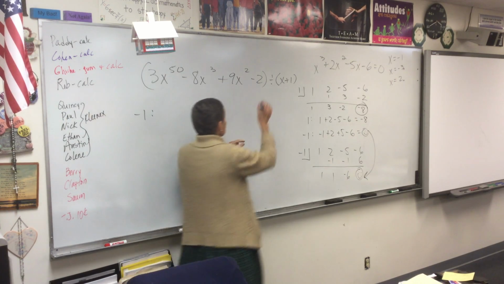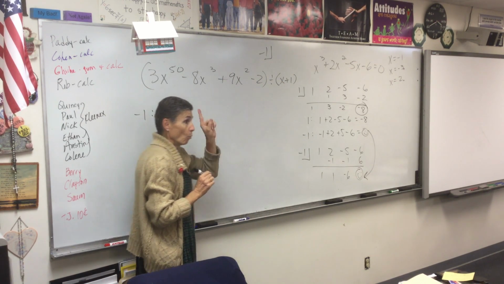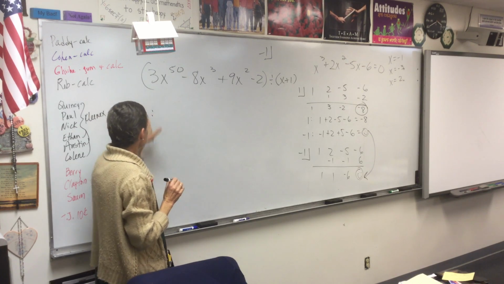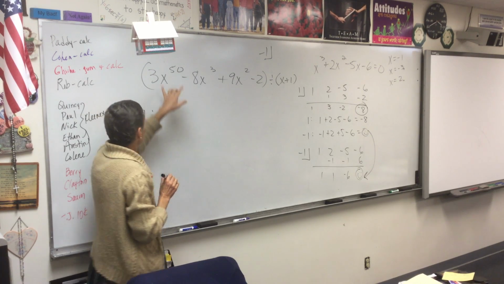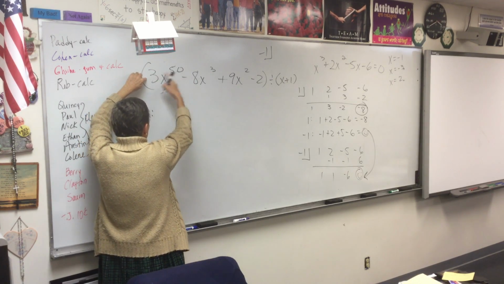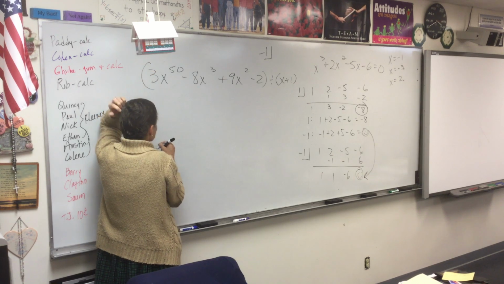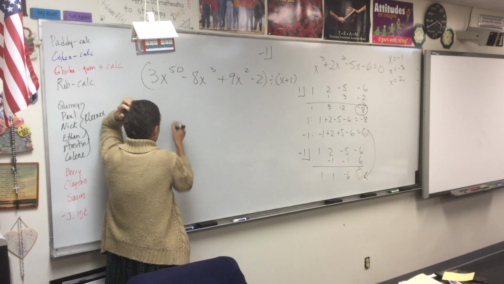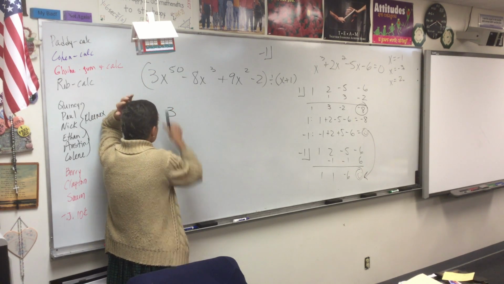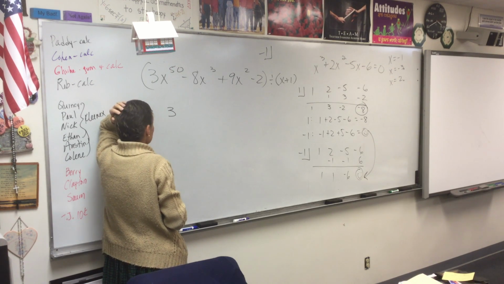If I did the division, wouldn't -1 be in the box out here? Whatever number is in the box is the number you're going to plug in. All right, so negative 1 to the 50th times 3, what's that going to equal? It'd be 3. If you raise a negative to an even power, isn't it positive? Yeah. That's just going to be 3.